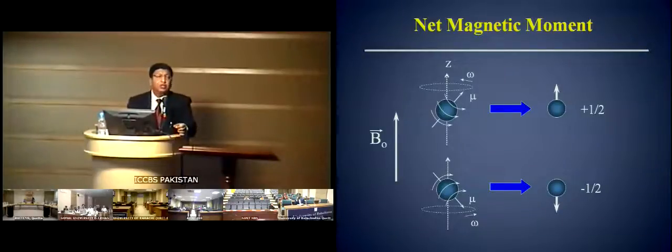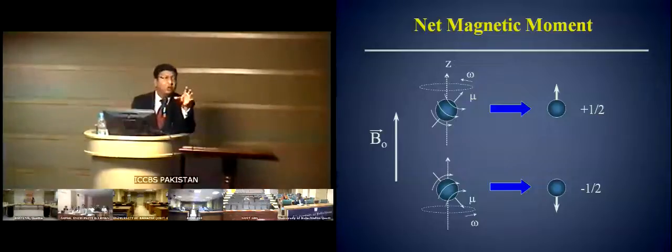It is also called Larmor frequency, in respect of Joseph Larmor, who first discovered this movement. This precessional frequency is directly proportional to the applied magnetic field. It is also dependent on the gyromagnetic ratio.